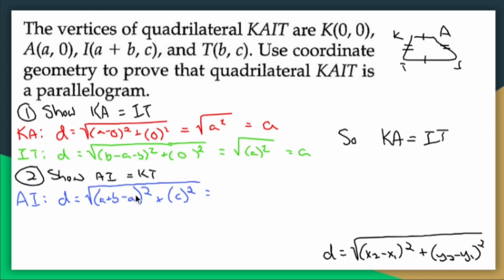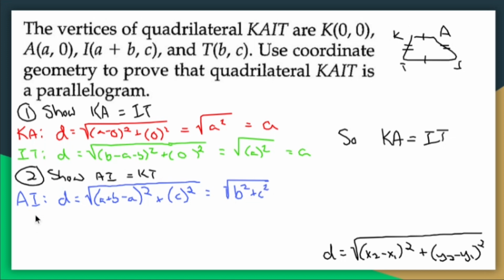A minus a cancel out, and that gives me just b squared plus c squared. Now let's not try to simplify that, because my goal is to make sure that KT is the same thing. So who cares if it's simplified?